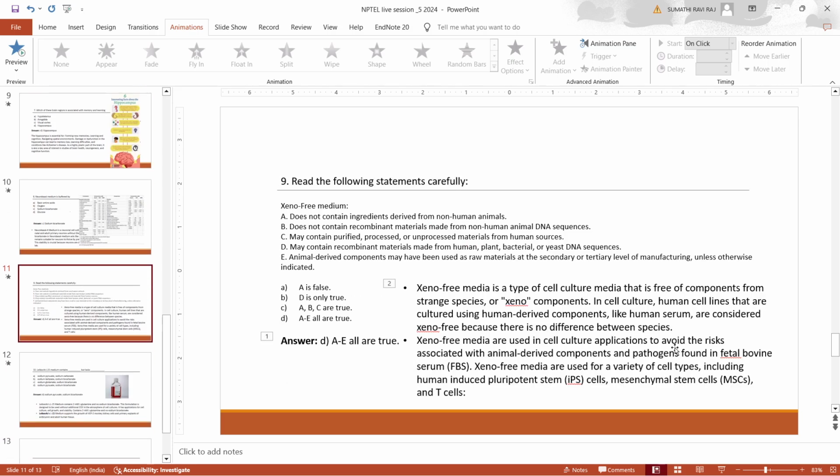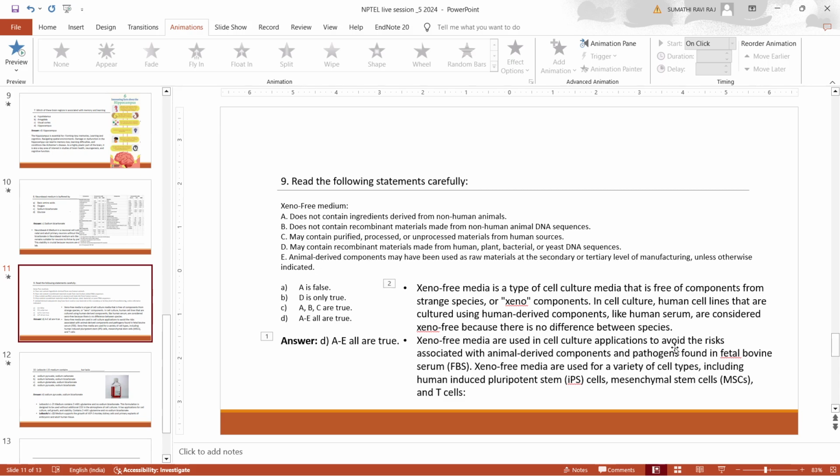Next is: read the following statements carefully. Xeno-free media. So, what is your xeno-free media? It is a media where you culture your cells free of strange or foreign species, materials, or components.